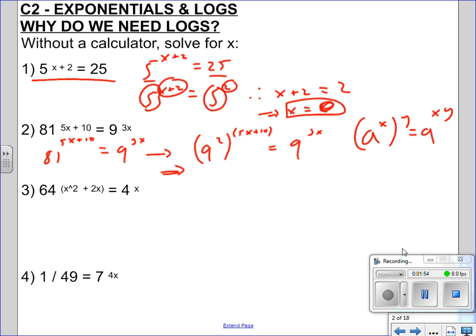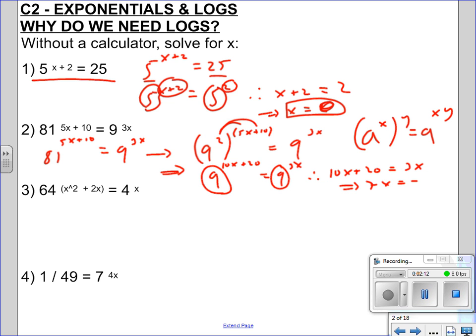So that means that this 9, the 2 would times by the 5x, that's 10x, and it would be times by the 10, so that's 20. Bases are the same, so therefore powers are the same. So 10x plus 20 must be 3x, therefore 7x must be minus 20, and therefore x must be minus 20 over 7. So all hopefully quite familiar at this point.